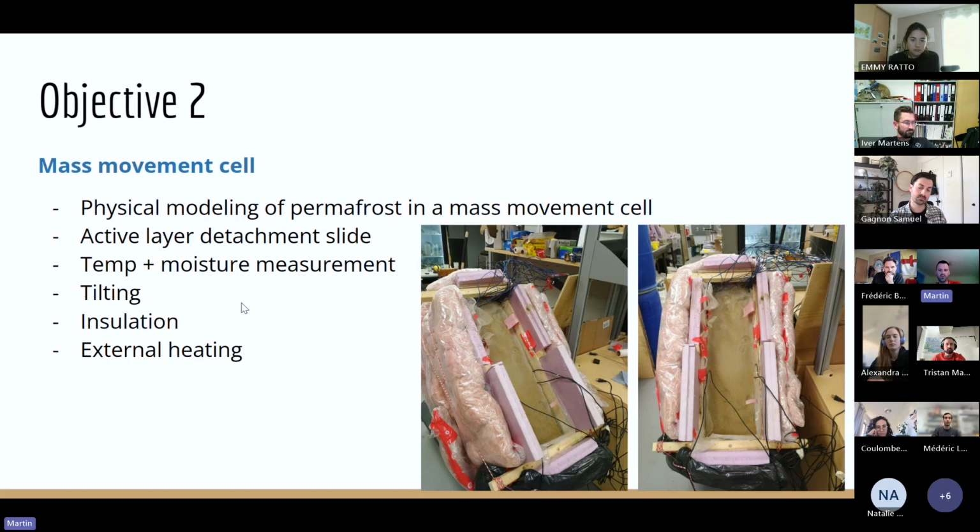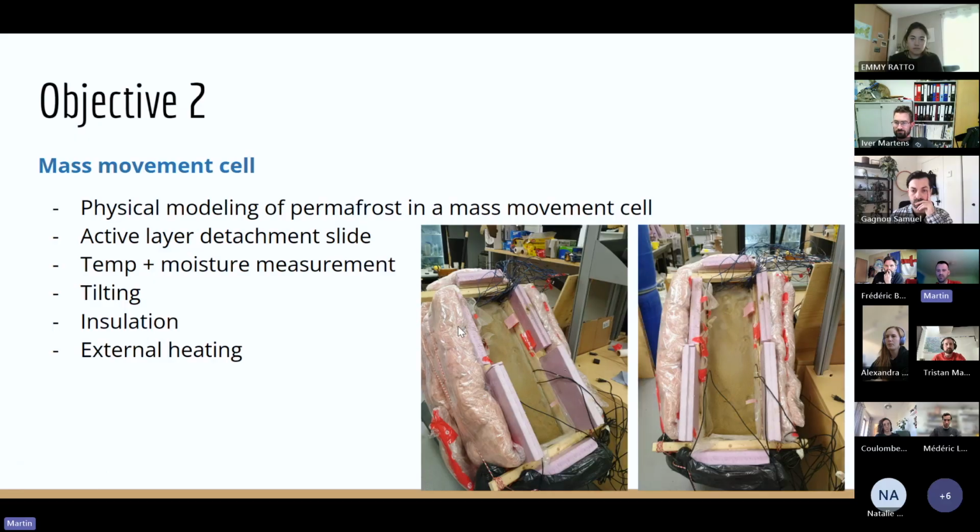At the beginning, we were trying to calibrate all the equipment we had, and then we were trying to model these active layer detachment slides by manipulating the temperature and moisture within the permafrost. We were also trying to change the settings by tilting the whole mass movement cell, or manipulating the insulation.